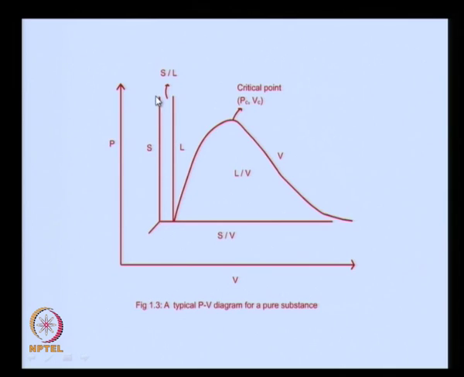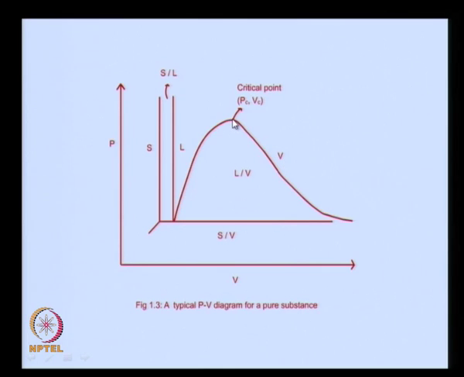Here we have the solid phase in these combinations of specific volume and pressure. In these combinations of specific volume and pressure you have the liquid phase, and in these combinations of specific volume and pressure we have the vapor phase.